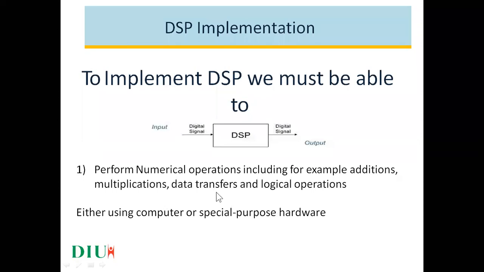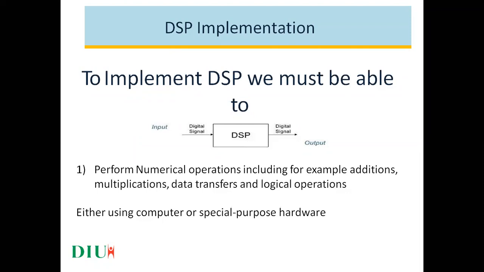Now, what is this special purpose hardware all about? Your computer or laptop is digital, not analog. Whatever input we give to the computer is all in digital form. There is something called an analog to digital converter which does this operation.